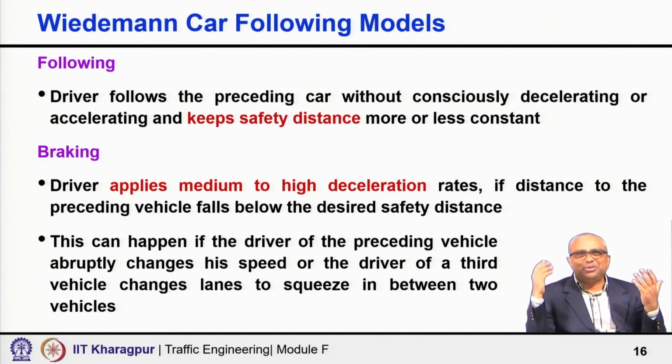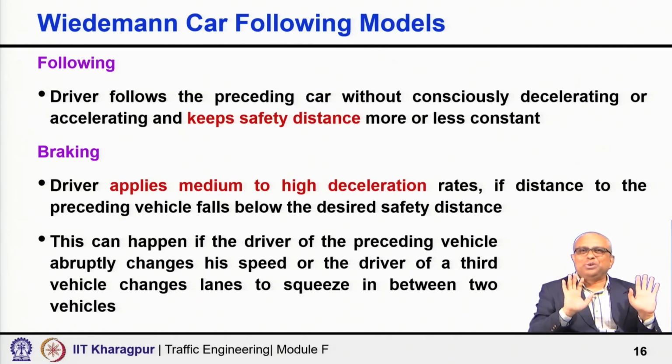How can this happen when you are in car following mode? If nothing happens, if the vehicle in front travels at more or less uniform speed and you are also following, then it is a peaceful condition.